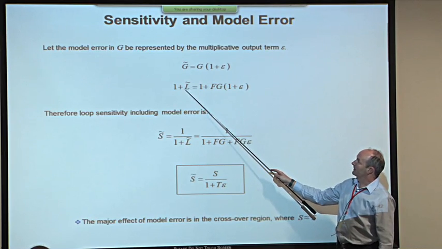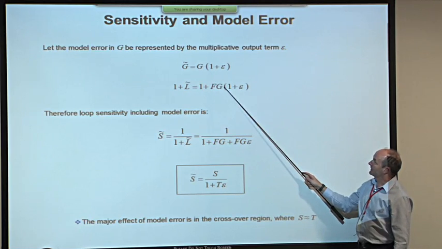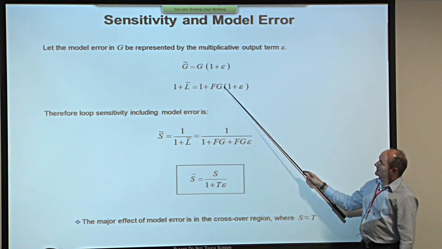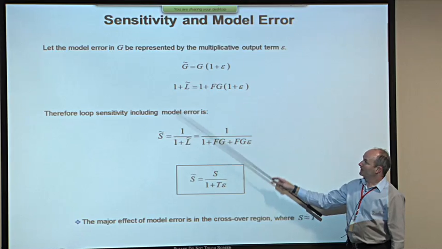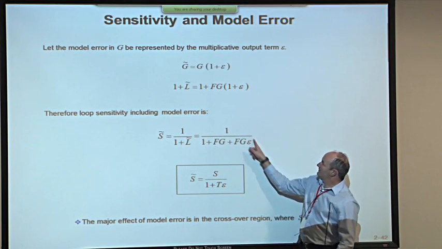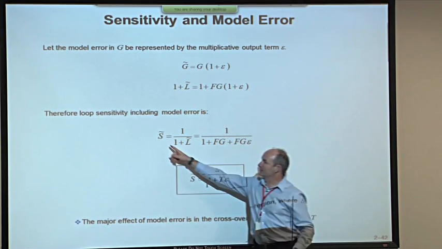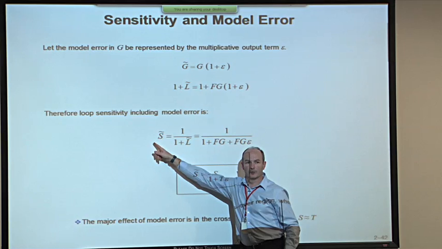So 1 plus L tilde is 1 plus f times G tilde, so I'll just substitute that in for G tilde. And the sensitivity function change is 1 divided by 1 plus L tilde, which is this, and that's that, expanded out. Okay, so this is the sensitivity function incorporating plant model error.